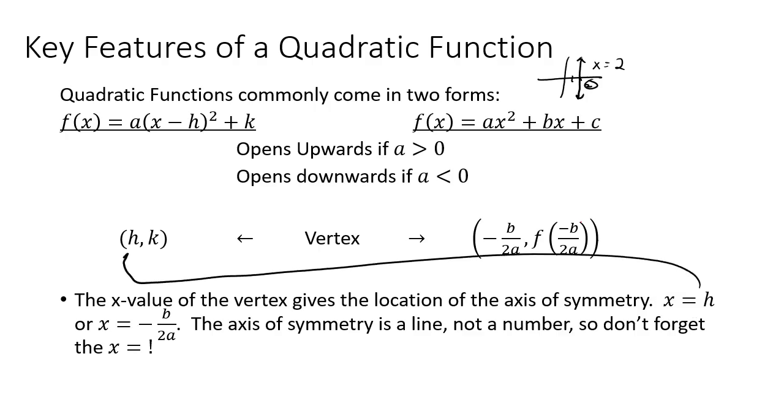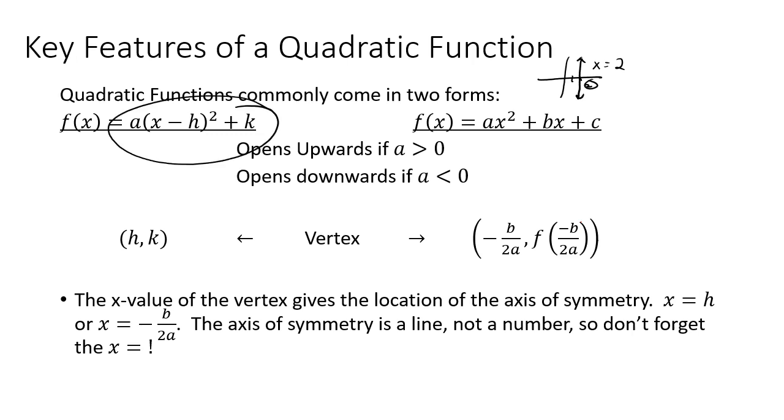So either x is equal to h if you're in the transformation form, or x is equal to negative b over 2a if you're in the multiplied out form. But truth be told, in an actual problem, you'll have numbers for the vertex at this point. So it will be the same regardless. It's just x is equal to the x value of the vertex.